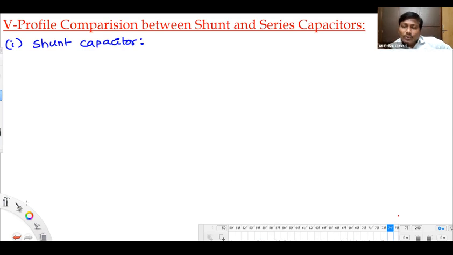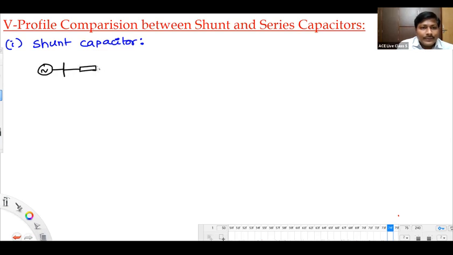To know the voltage at each and every point on the line, we have to take the distributed model of the line. So let's say we have a source here, and we are neglecting the shunt element in our analysis.